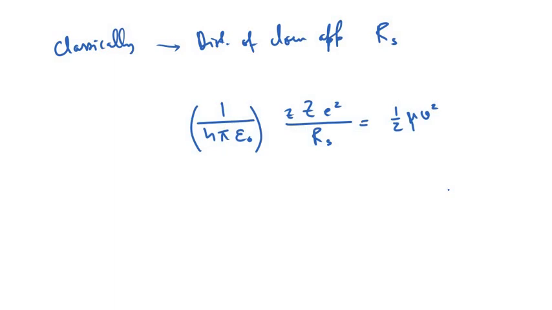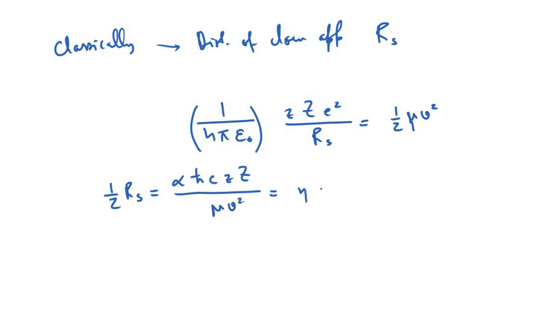And mu is of course the reduced mass of the projectile in the center of mass. Now, in terms of the Sommerfeld number, we have basically half of Rs is equal to alpha h cross c small z capital Z divided by mu V square.